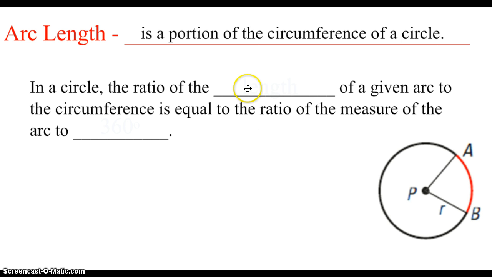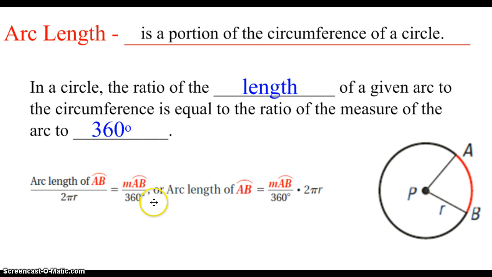In a circle, the ratio of the length of a given arc to the circumference is equal to the ratio of the measure of the arc to 360 degrees. So it's a little wordy. What does it mean? It simply means that the arc length of AB over 2 pi r equals the measure, which is degrees, over 360. That's one way to write the equation.